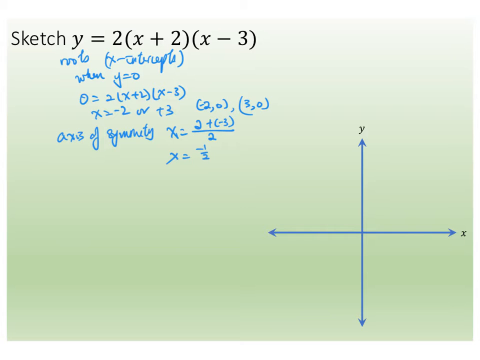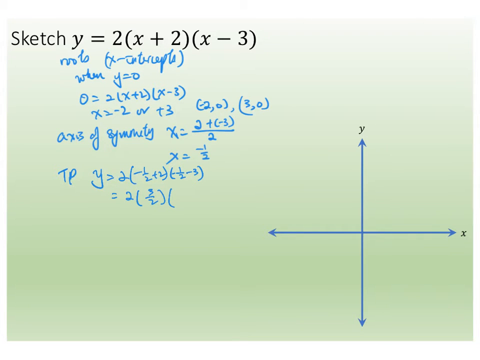Next, let's find the turning point. Substituting x equals −1/2 into the equation, y equals 2(−1/2 + 2)(−1/2 − 3). That is 2 times (−1/2 + 2), which is 3 over 2. That's 1.5 actually.